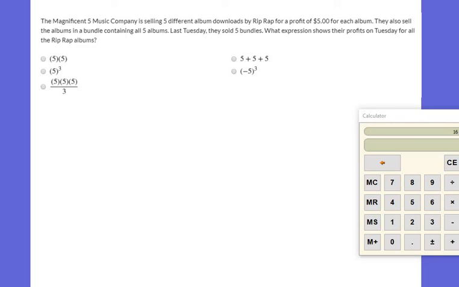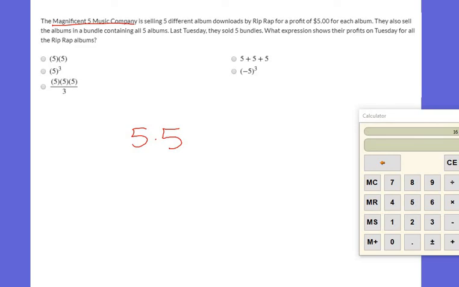Which expression shows their profits on Tuesday for all of the Rip Rap albums? Okay, so there were 5 different albums, profit of $5 each. So far we have 5 times 5 times 5. This 5 means nothing because that's in the name of the company.